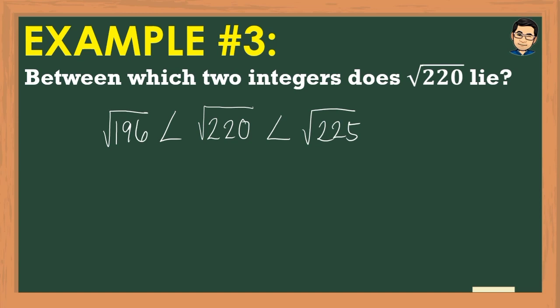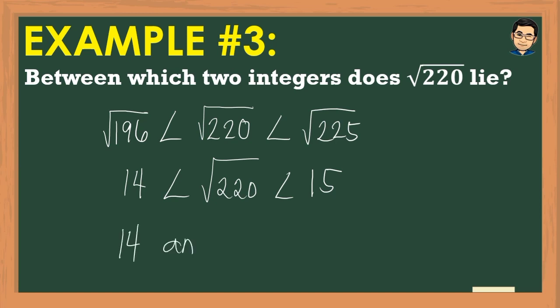So, mahalaga na familiar po tayo sa mga perfect squares. Kasi mas madali lang sagutan yan kapag familiar tayo. Okay, so the square root of 196 is 14. And then, the square root of 225 is, of course, 15. So, between which two integers the square root of 220 lie? So, the answer will be 14 and 15.